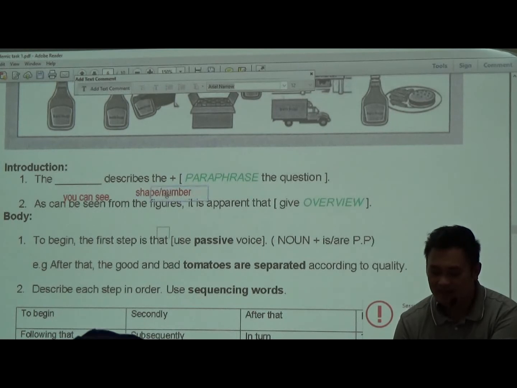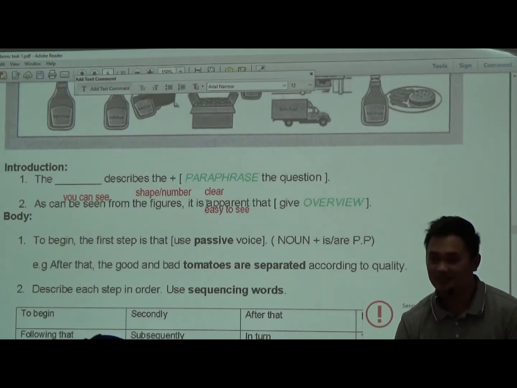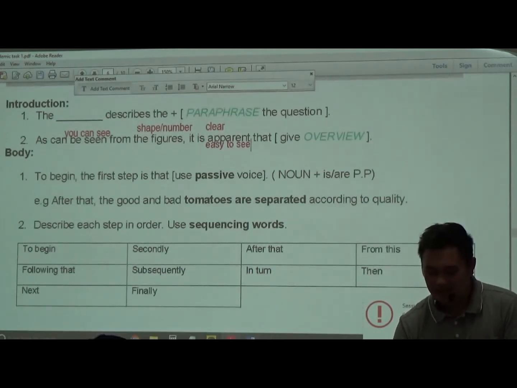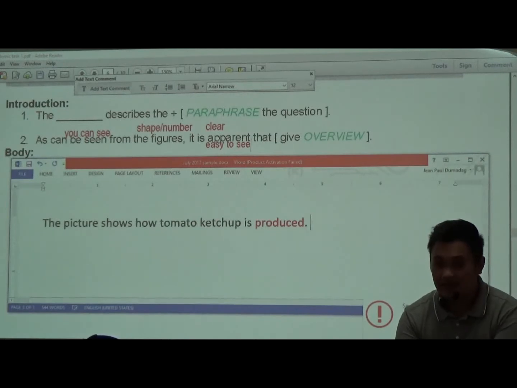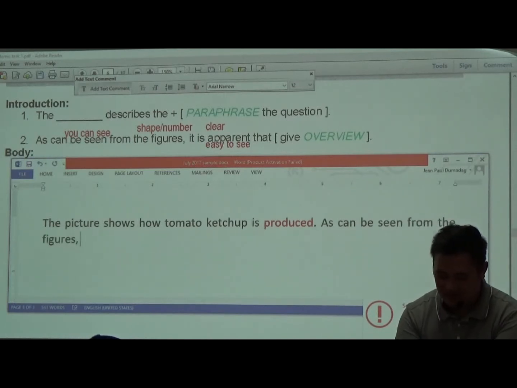What does apparent mean? Apparent means it is clear or easy to see. Good. That's right. As can be seen from the figures, it is apparent that.